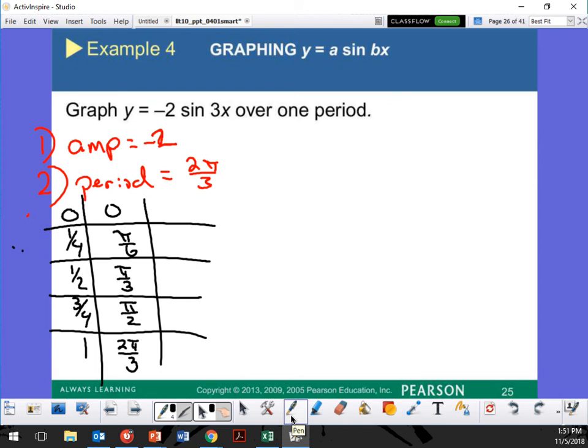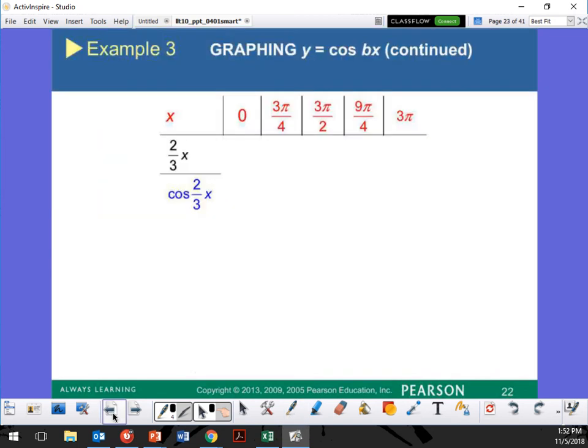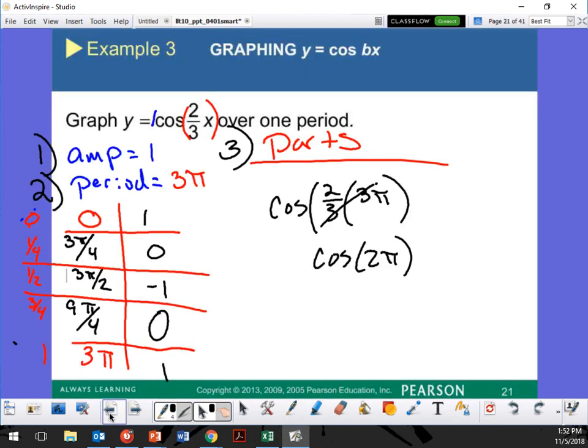So, let's take a look at this next one now. What's going to mess with me a little bit here is my values. In the previous problem, my amplitude was 1, wasn't it?